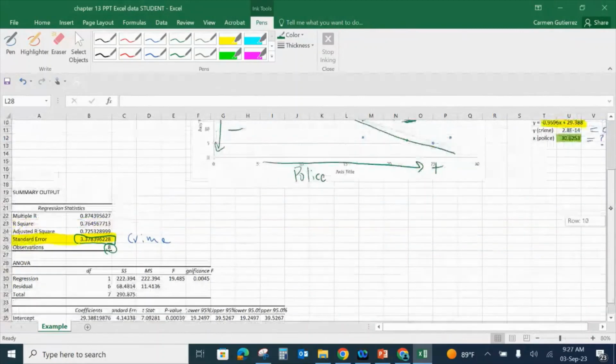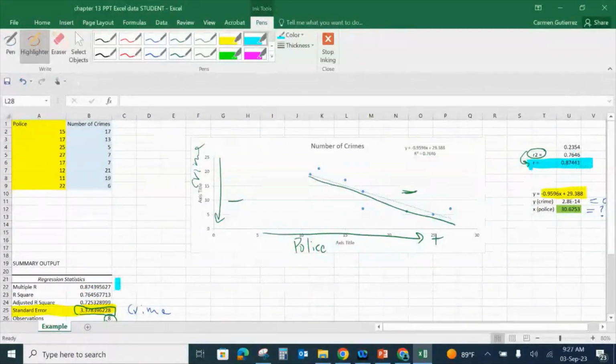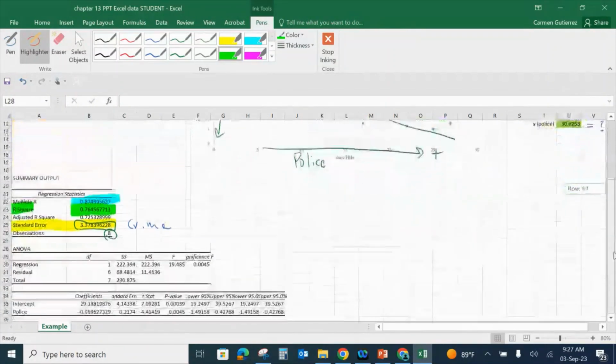It's just a sample. And just to show you, you also have the R and the R squared here, 0.87 and 0.76. So it's telling you the same story.